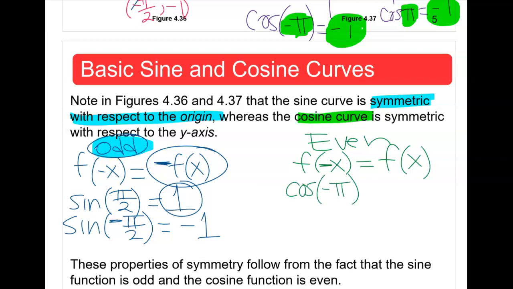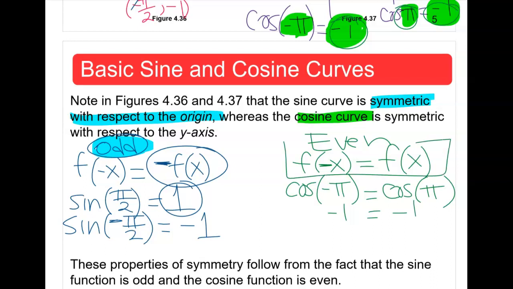The answer was negative 1, and it is equal to the cosine of positive pi, which is negative 1. This is just not written properly, so this should say cosine of positive pi. In both instances, the answer is -1. So it satisfies this equation, and we say that they are even.